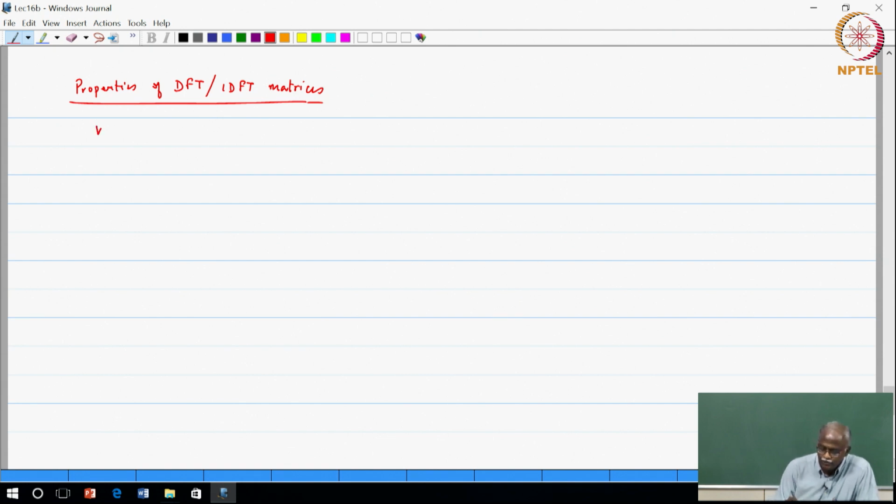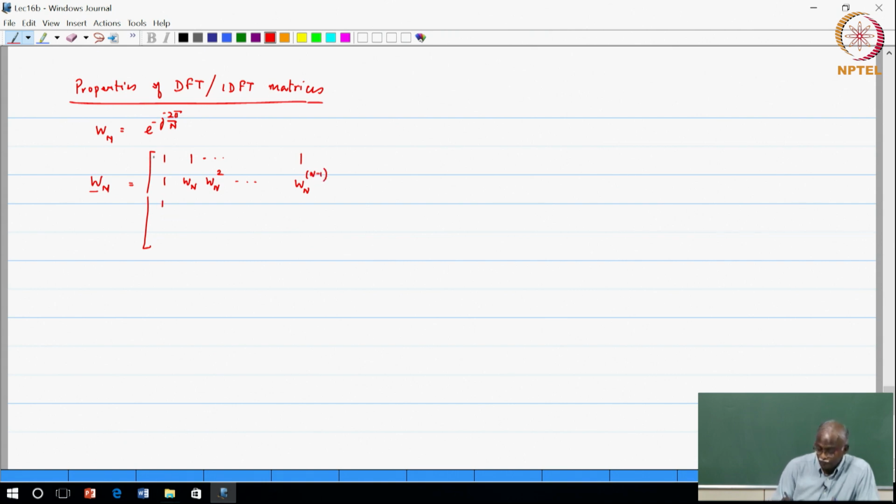So, Wn is e power minus j 2 pi over n. This multiplicative factor would come when we do an n point DFT or IDFT. So, an n point DFT would have the following matrix. The first row will be all ones, the second row will be 1, Wn, Wn squared, up to Wn to the power n minus 1.